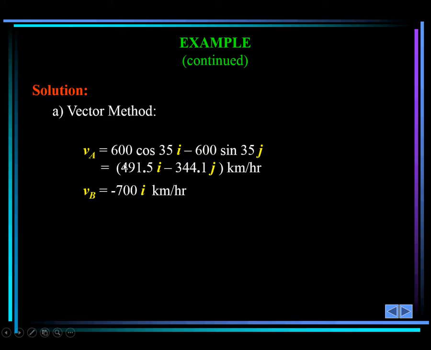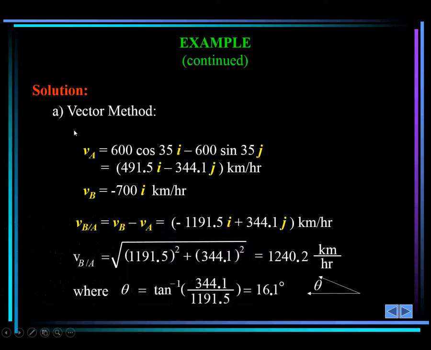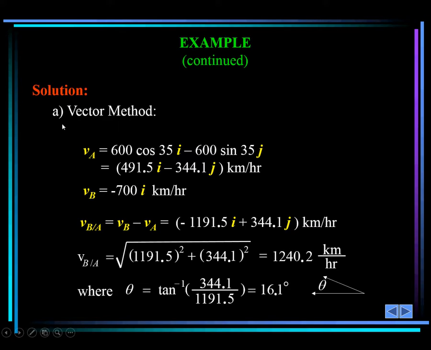So for A, 600 cosine 35 i minus 600 sin 35 j. And then B is minus 700 i. You see how that is, considering the fact that it's going in totally the opposite direction. And then you have the velocity of B with respect to A. See, we add the vectors in here.